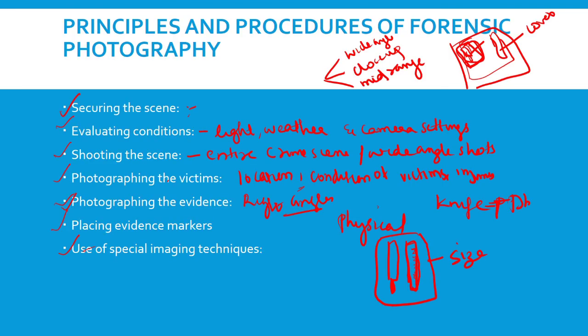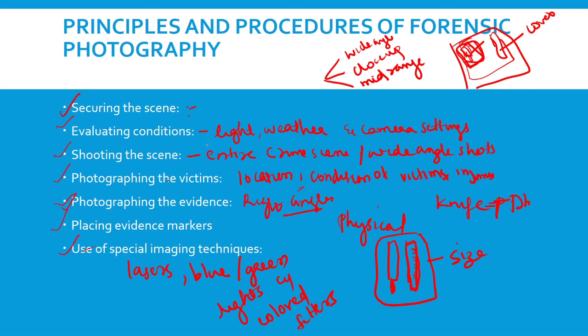last one is use of special imaging techniques. Alternate light sources such as lasers, blue or green lights, and colored filters should be used to detect fingerprints, bite marks, and footprints.